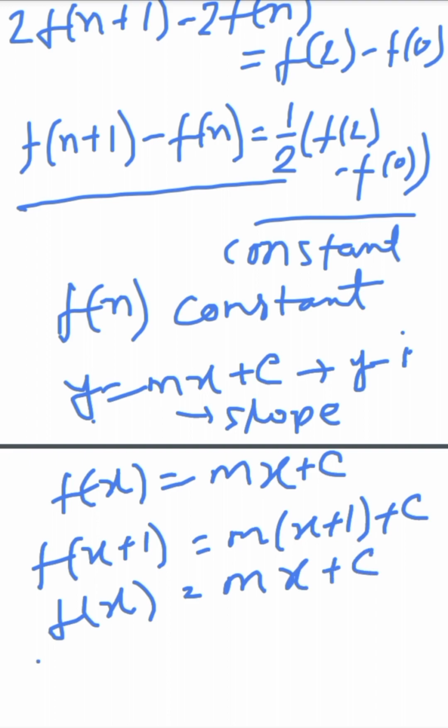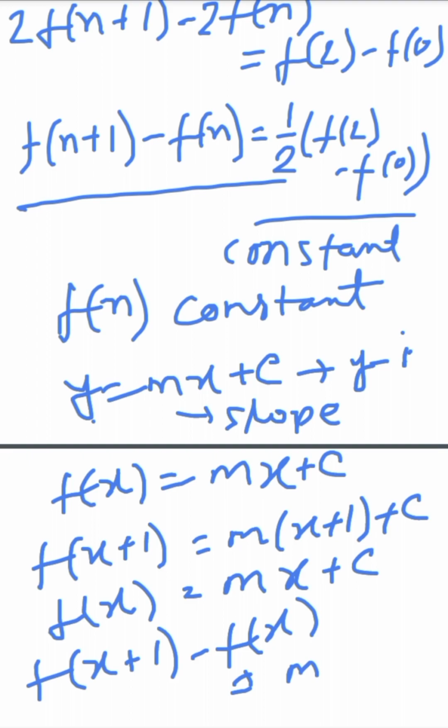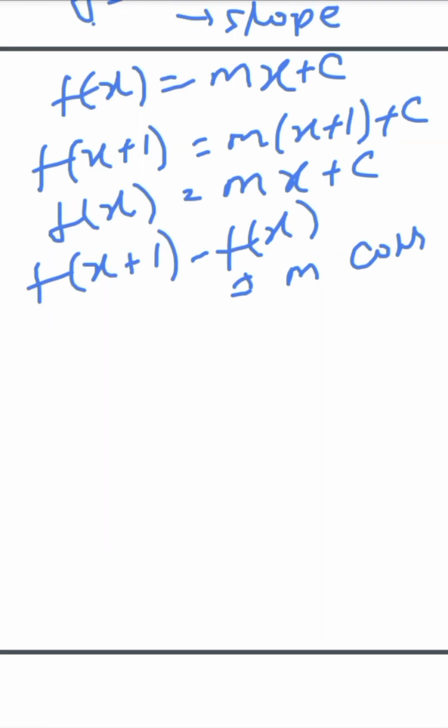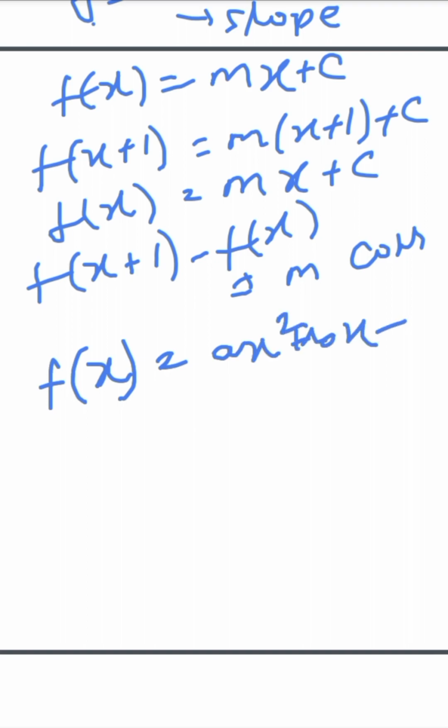Now if you subtract f(x + 1) minus f(x), you will get only m, so that is a constant. If it is a quadratic function or a higher degree function, then this will not give you a constant value. For example, just take a quadratic function f(x) as x² + bx in the general form.